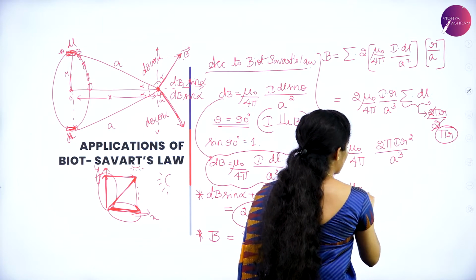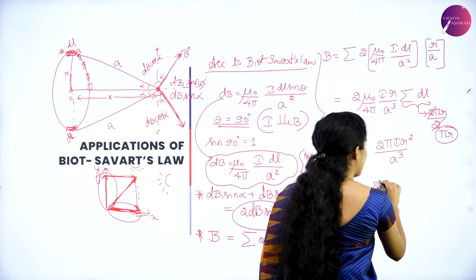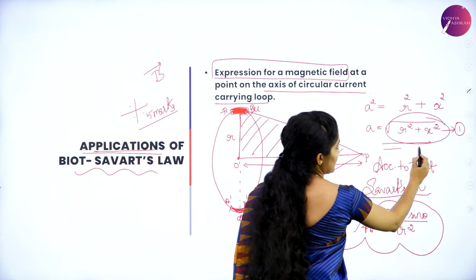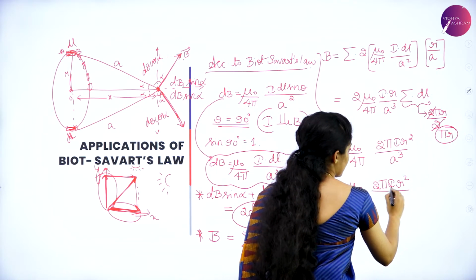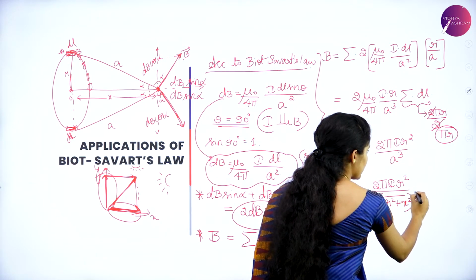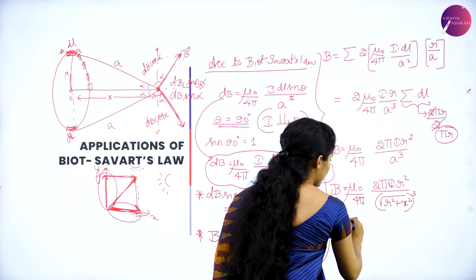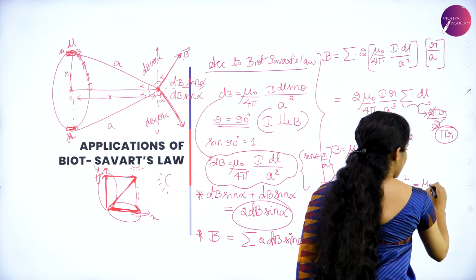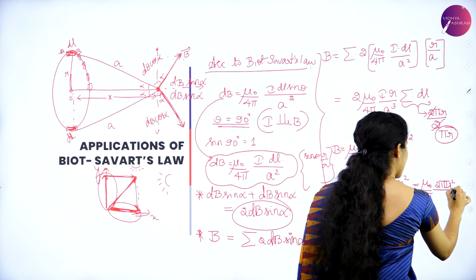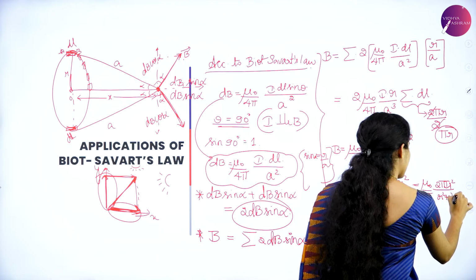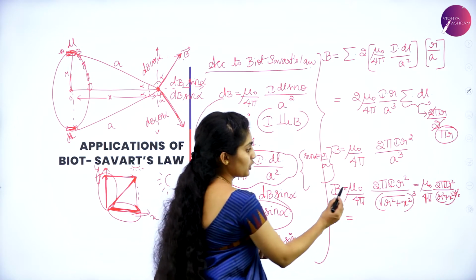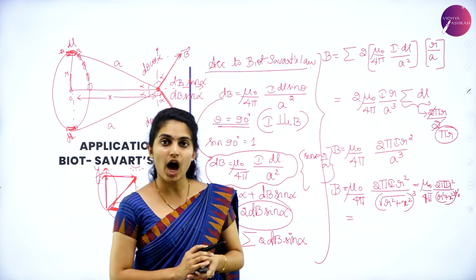It can be written as the root of r square plus x square, the whole cube. So you can write mu naught by 4 pi, 2 pi I r square divided by r square plus x square the whole 3 by 2, because the root is considered as the power of half.